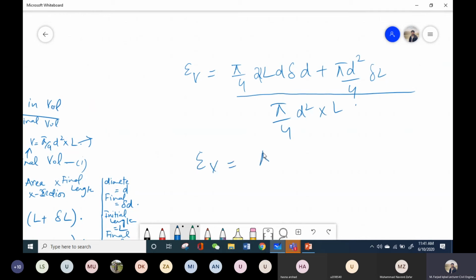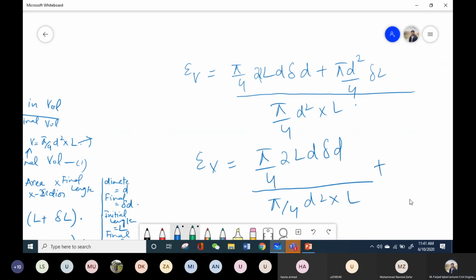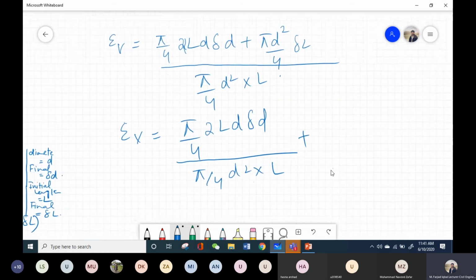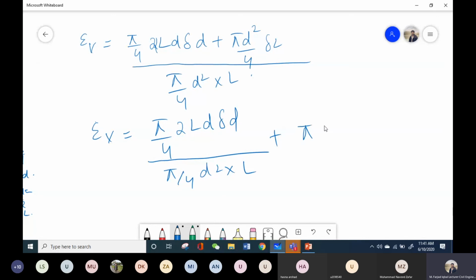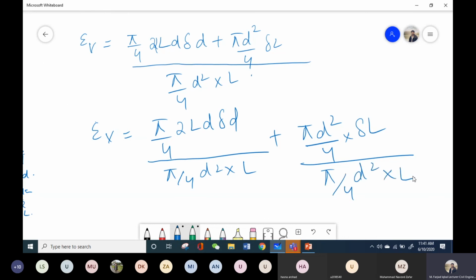Can I write it as pi by 4 2LD delta D over pi by 4 d square into L, plus pi d square over 4 into delta L divided by pi by 4 d square into L.